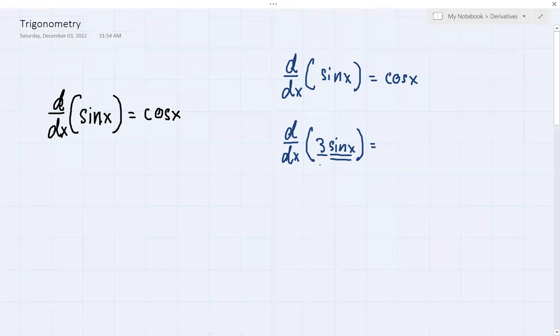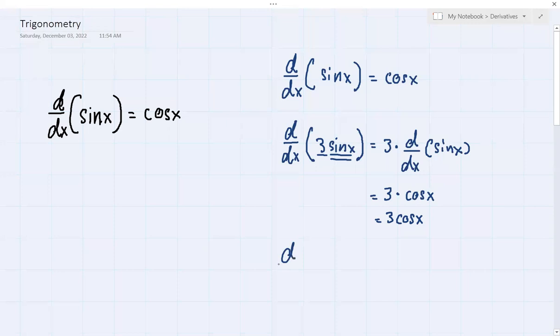So, ibig sabihin nun, kapag meron tayong constant, which is 3, at function, which is a trigonometric function, we will not touch the constant and get the derivative of the function instead. So 3 times the derivative of sin x. So the derivative of sin x is cosine x. Therefore, your answer is 3 times cosine x. O, diba? It's easy, right? So, ganun lang naman.